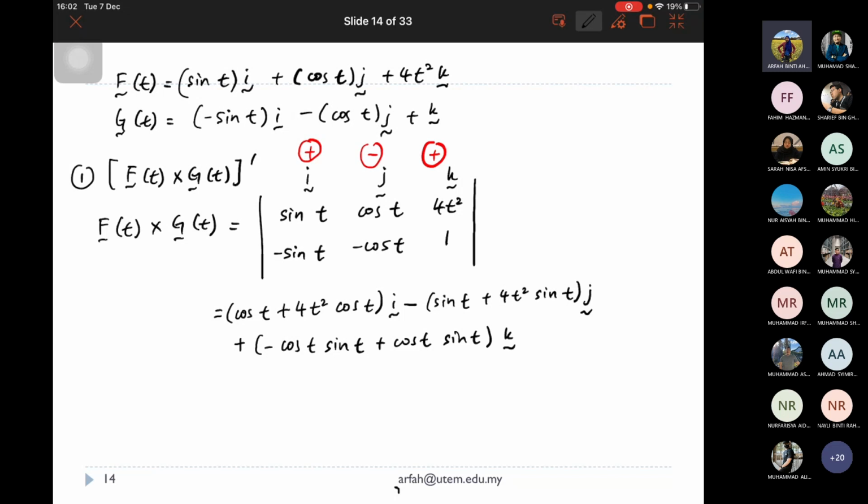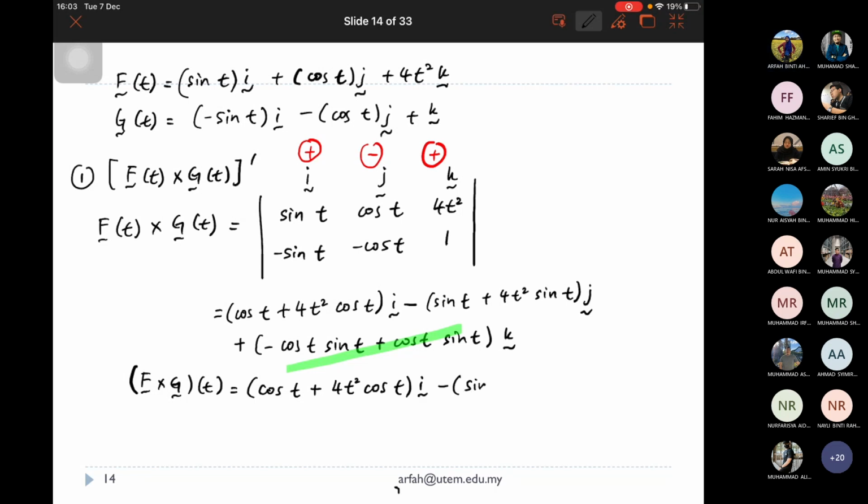So negatif cos t sin t tambah cos t sin t, this one awak boleh potong. So dia akan jadi f cross g(t) akan sama dengan cos t tambah 4t squared cos t i ditolak dengan sin t tambah 4t squared sin t j. Okay.